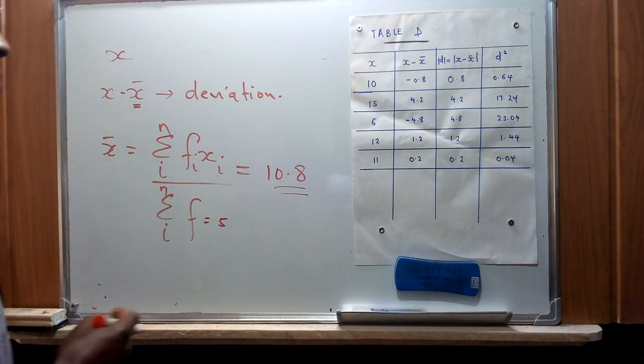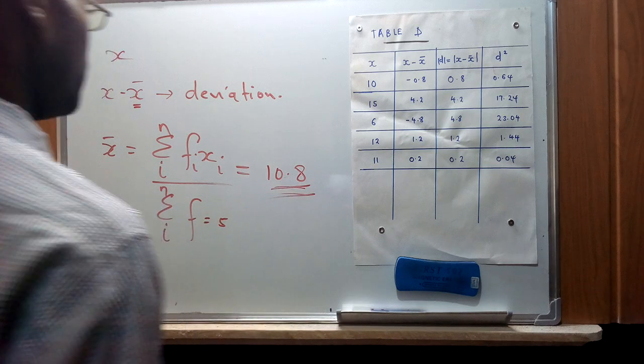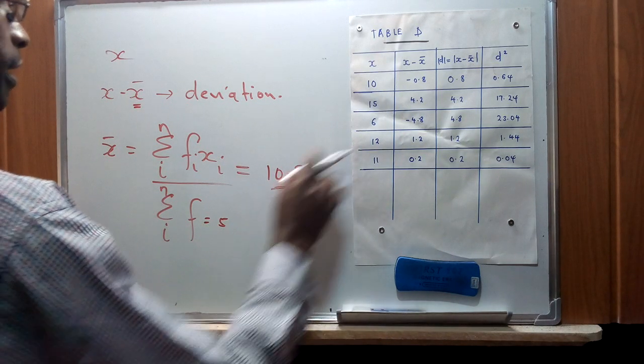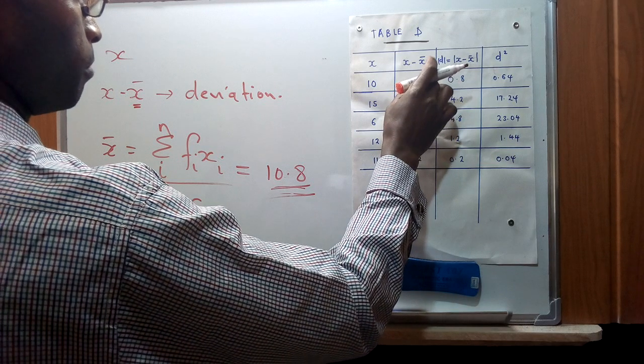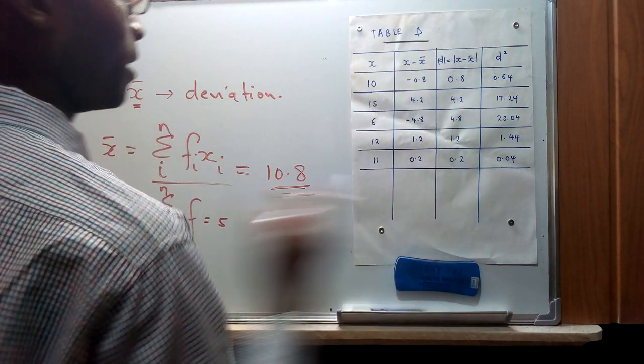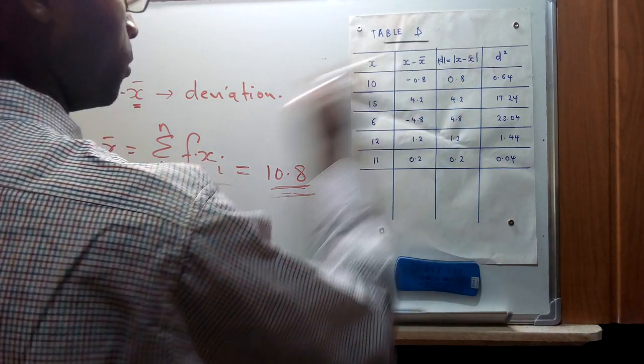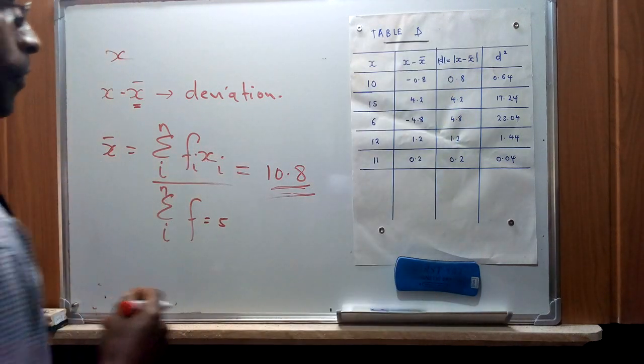So in this case, the difference between this value of x and the mean gives us the values that we have put in the second column of our table. Each respective value is the difference between the value and the mean.